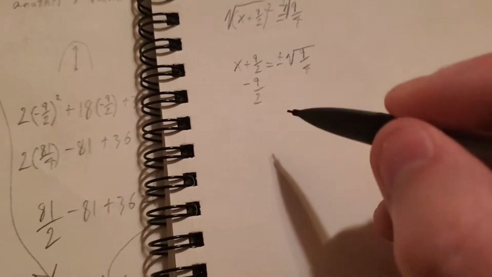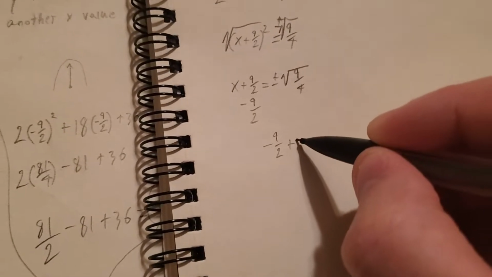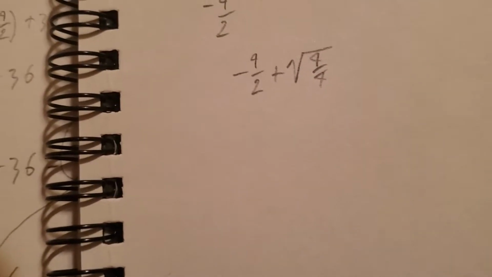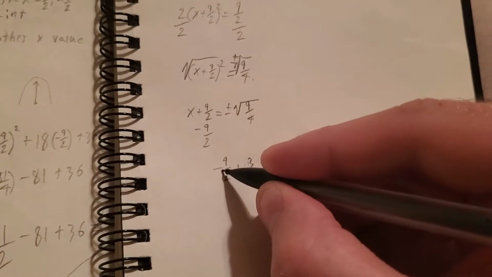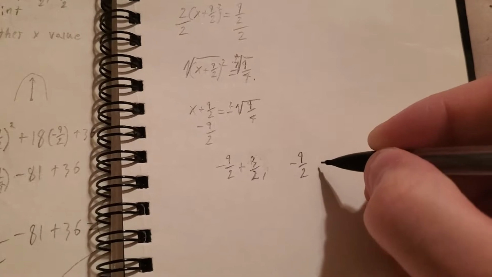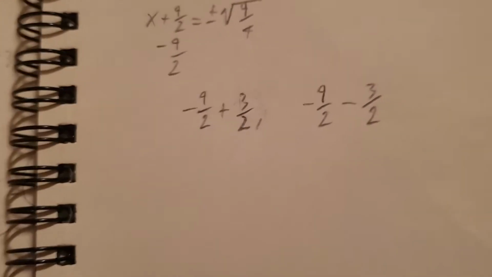We're going to have negative 9 over 2 plus the square root of 9 over 4, which is really just 3 over 2. So it's plus 3 over 2, or we're going to have negative 9 over 2 minus 3 over 2. So that's going to be our x-intercepts.